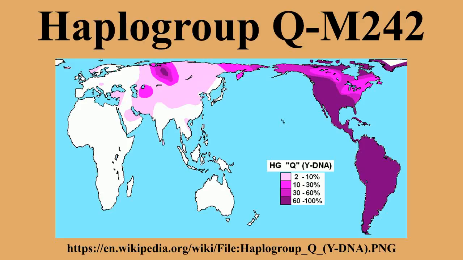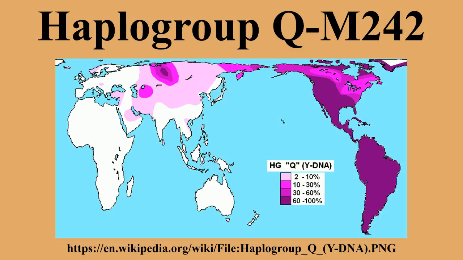In another regional study on India, Q-M242 is found in 2.8% of Gujarat people and in 6.1% of Hindus in New Delhi, the capital of India. 1.2% of Nepalese people in Kathmandu, the capital of Nepal, are in Q-M242.